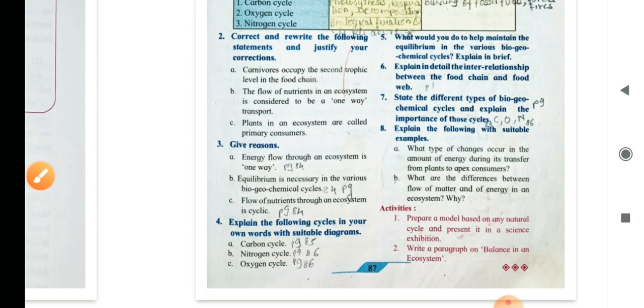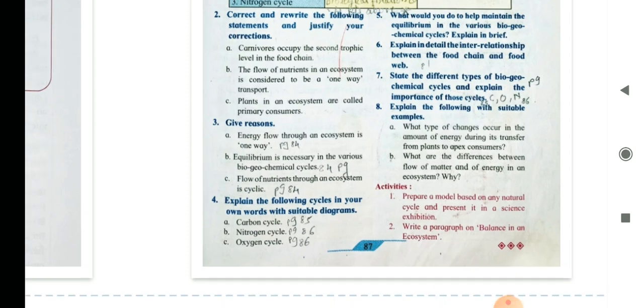Now let us go to the third question. Give reasons. Energy flow through an ecosystem is one way. On page 83 you can see the answer there, you can mark it. Here I'll just tell you in a few lines. The sun is the most important source of energy in an ecosystem. Green plants of the ecosystem store some amount of solar energy in the form of food.